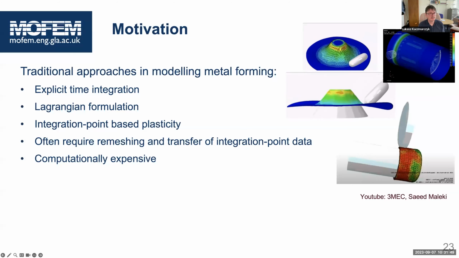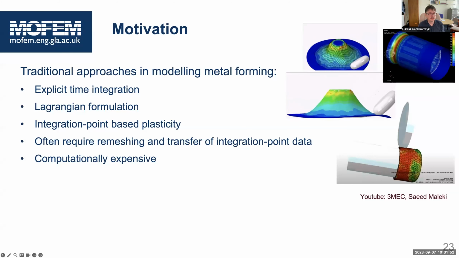We try to depart from the Lagrangian formulation that typical codes use, because when you have large deformations, you run the steps using a total or updated Lagrangian formulation, and then you remesh, and then you map the history variables from plasticity to the new mesh. So typical formulations are Lagrangian with this mapping, which looks kind of like ALE integration, but it's not a truly ALE formulation.